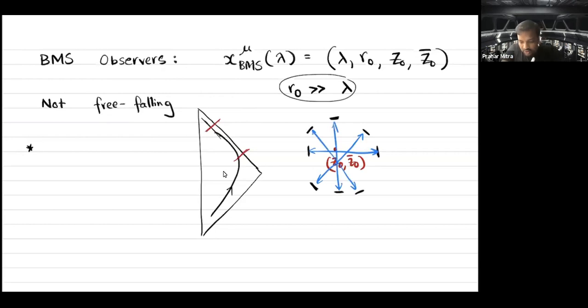So let's say this pair of mirrors is located at Z0 plus minus delta Z by 2, and delta Z is a variable. So I have a whole set of mirrors for any possible value of delta Z. They're at a coordinate distance of delta Z away from each other.